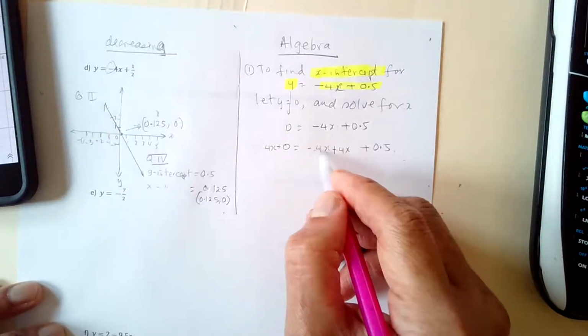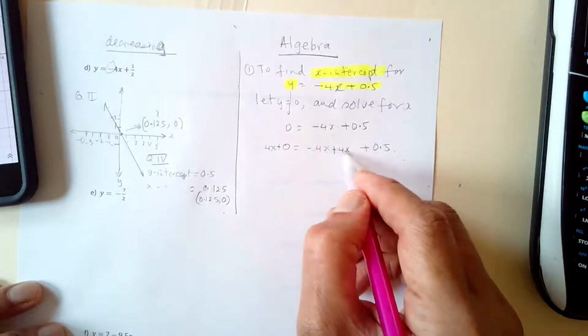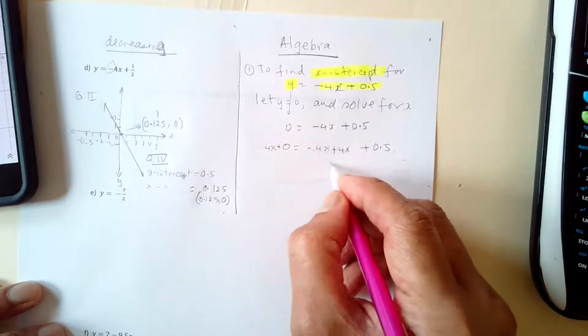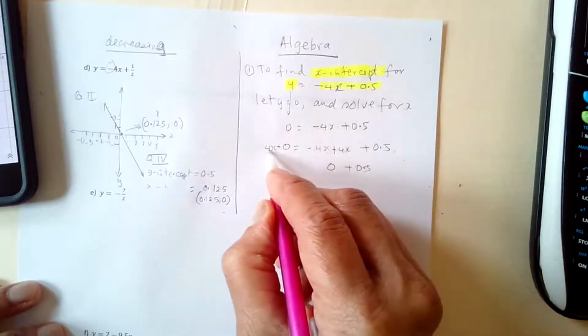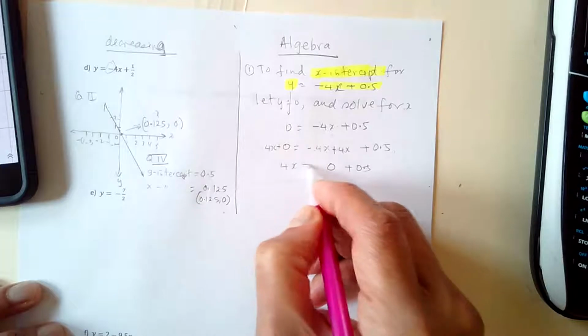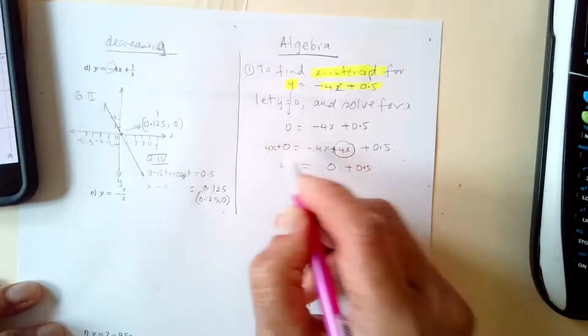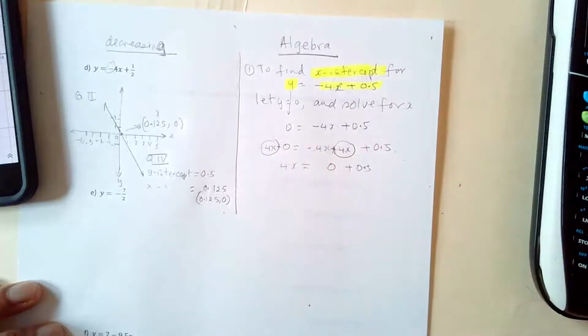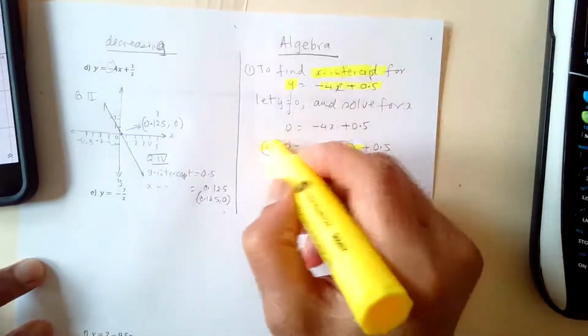By adding, I'm making this 0. So negative 4x plus 4x equals 0. So 0 plus 0.5. On the left side now is positive 4x. Because whatever you do on one side, which is just adding 4x, we'll do exactly that on the other side. So remember, this is the equation you're solving.